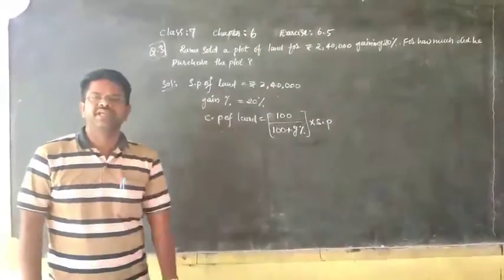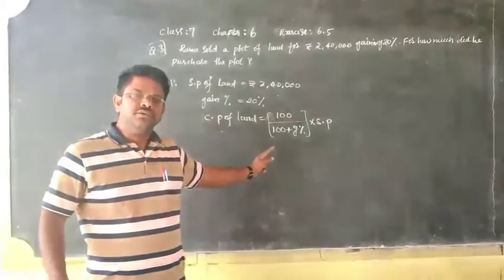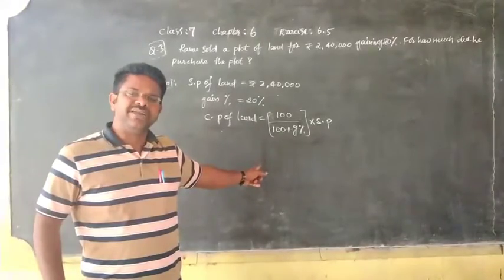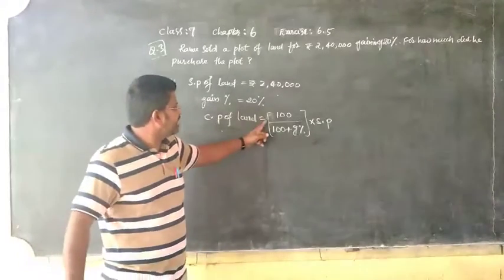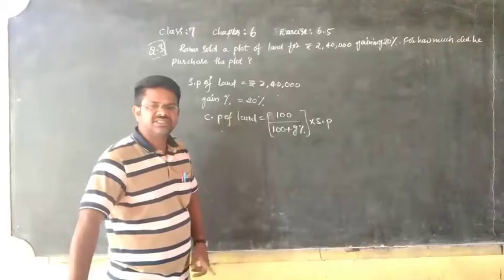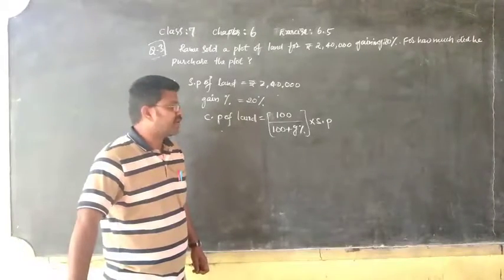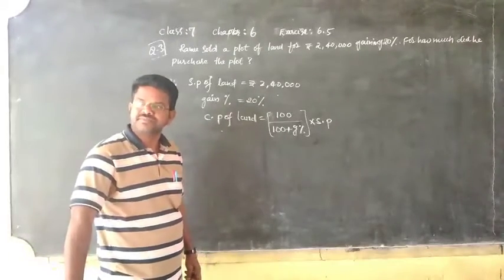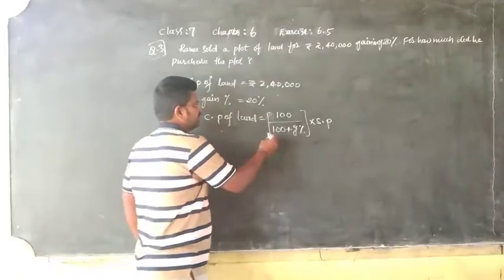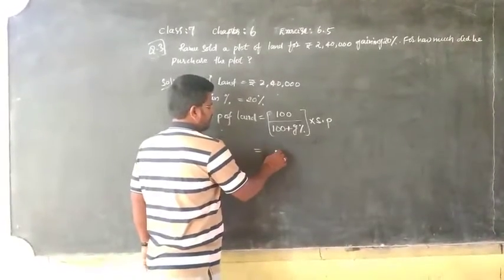This is a very important formula to keep in our mind all the time. 100 by 100 plus gain percent into selling price. You can substitute all these values in this formula.